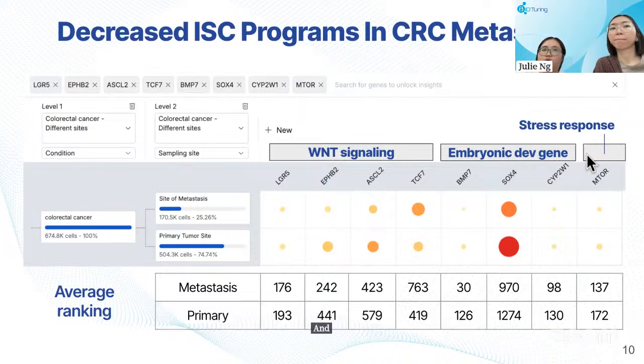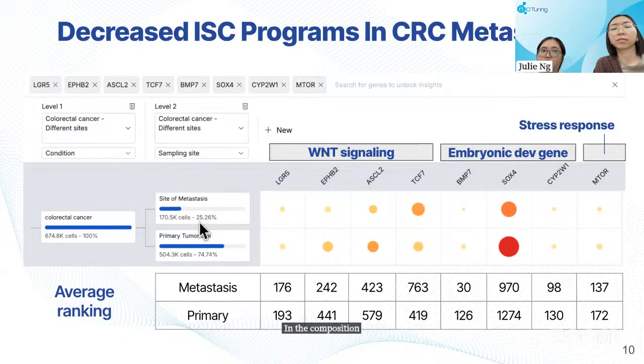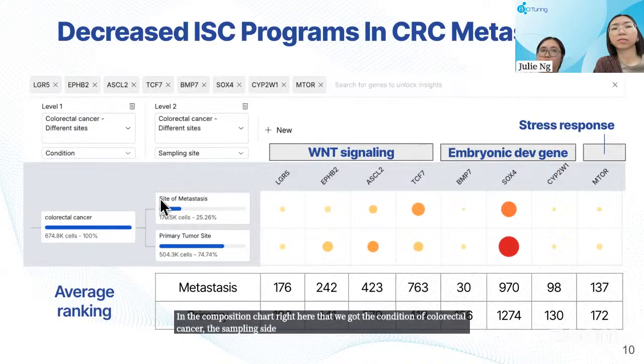And when we try to query the genes related to these pathways in the TalkToData database, as you can see in the composition chart right here, we got the condition of colorectal cancer, and the sampling site we divide into the site of metastasis and the primary tumor site. Then you see the bubble heat map right here.